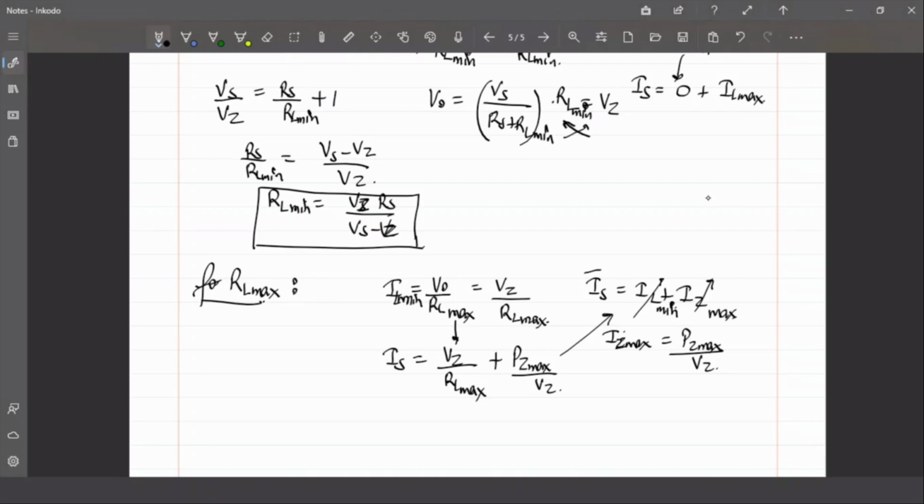And Is is how much? Is should be the input voltage minus the voltage at the Zener point, Vz, that is Vs minus Vz divided by Rs. So from here, we substitute the values and we'll get the value of RL maximum.